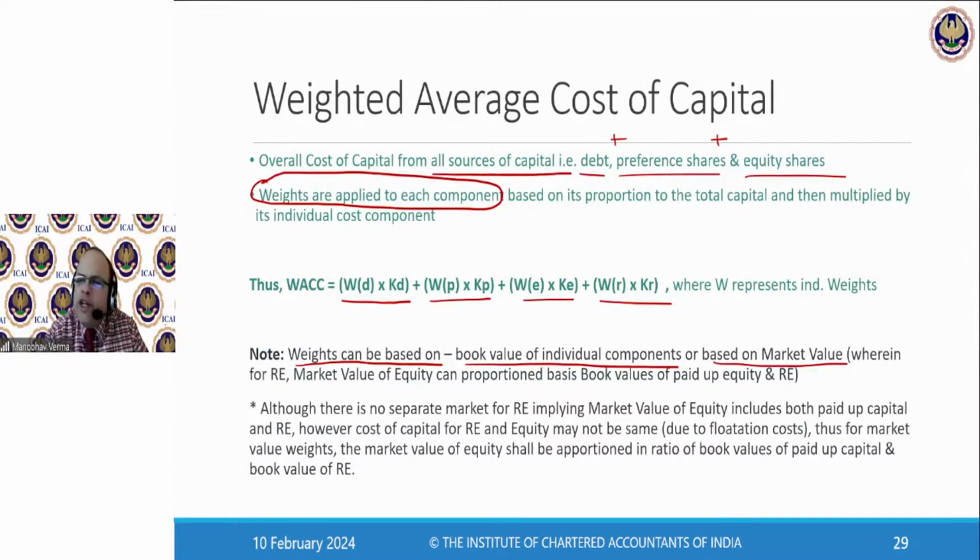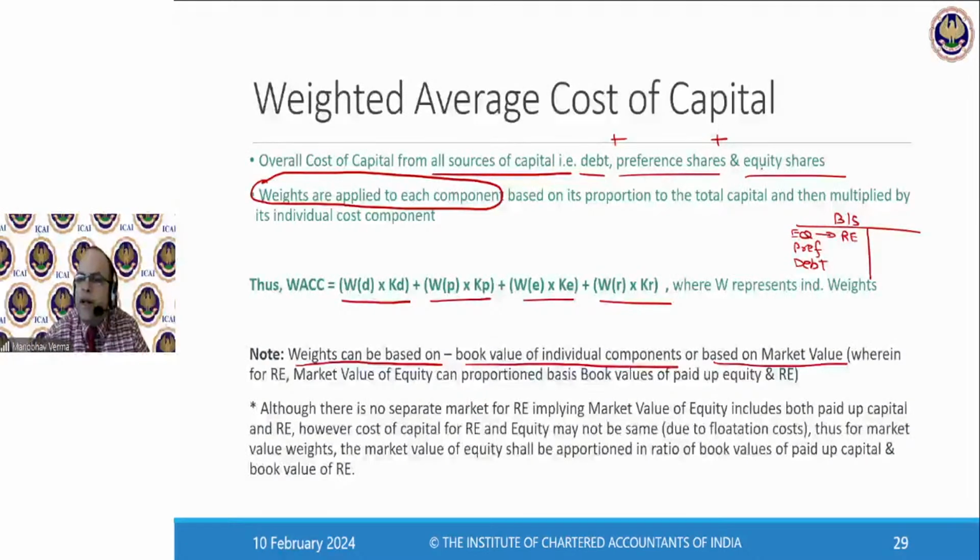Some of the students are thinking of equity share. Guys, think of it this way. If I quickly draw a small balance sheet here, we are talking about equity. Within the equity, we can have equity share capital, preference, and debt. But you should understand that retained earnings are part of the equity.